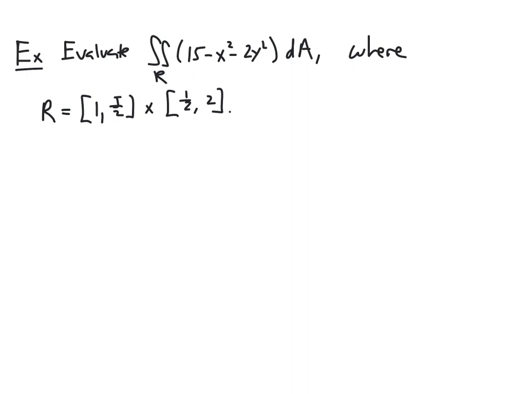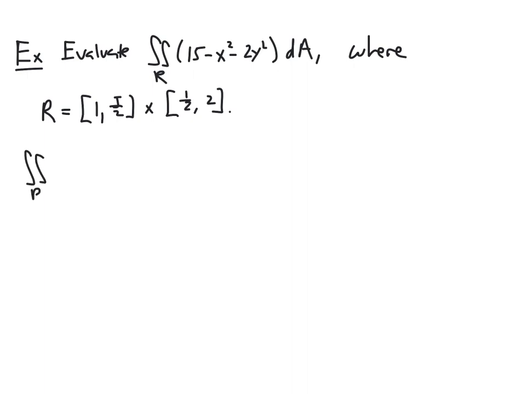Now, the first thing I want to look at here is the function 15 minus x squared minus 2y squared. I notice that that's a polynomial in two variables, and therefore it's continuous at every point in the plane. In particular, it's continuous in my rectangle, so I know that Fubini's theorem is going to apply.